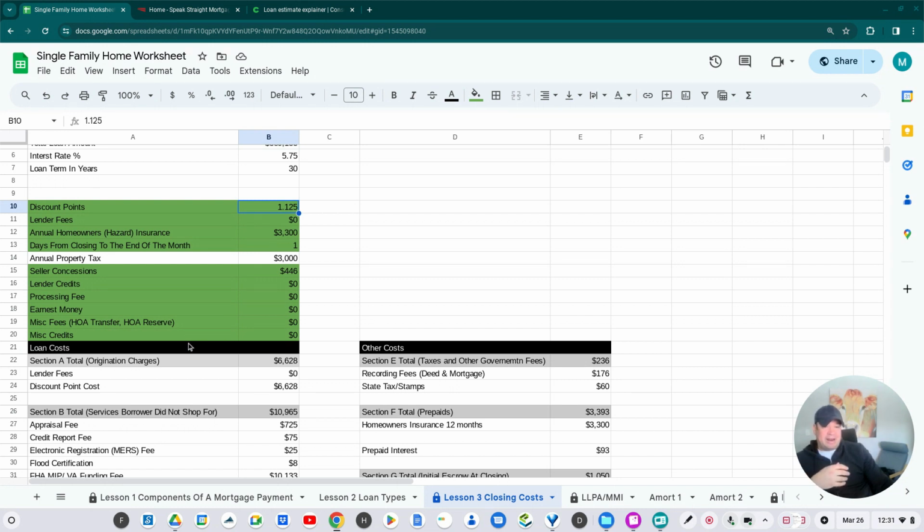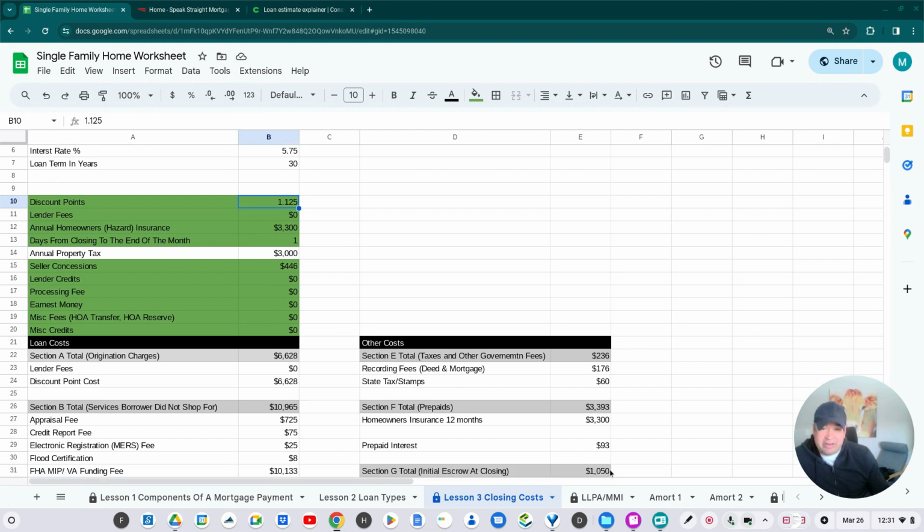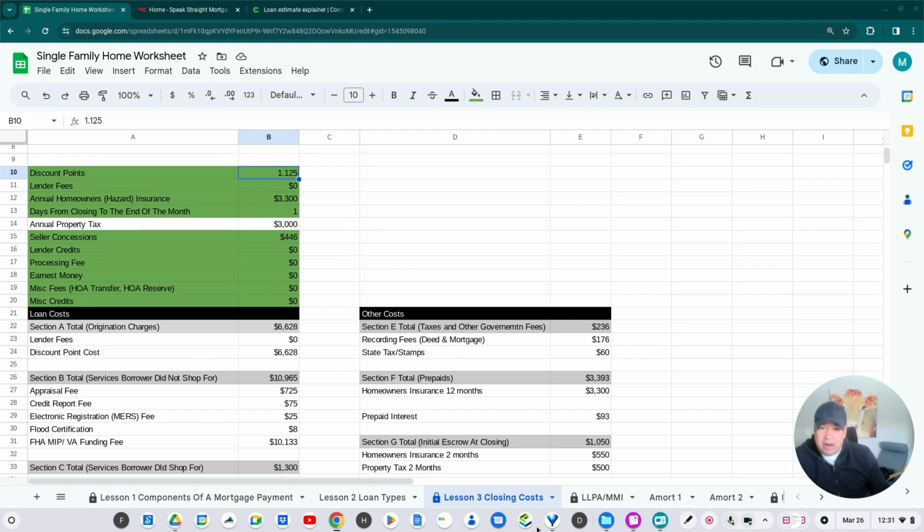Homeowners insurance has gotten a lot more expensive in the last year, but anyway, you could enter 3,300 from lesson 2. If you have an exact number, if you have a real quote, you can put it there. And I will show you how that impacts closing costs when we're going through each section.